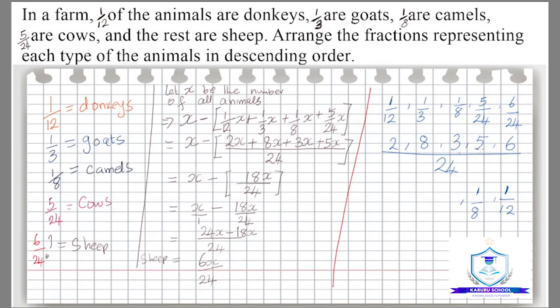So we have 5, which is representing 5 over 24, and then we have 6, which is representing 6 over 24. And then we have the largest fraction being represented by 8, and it is a third. So this gives us the arrangement of those fractions in descending order, meaning that we are starting with the largest fraction and ending with the smallest fraction.